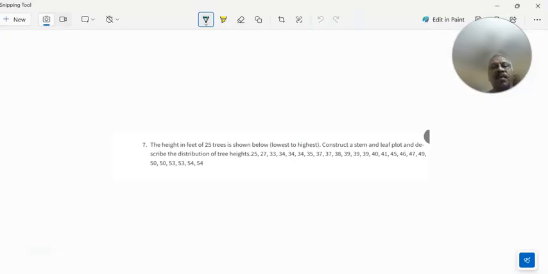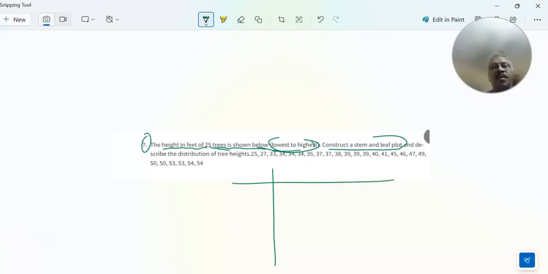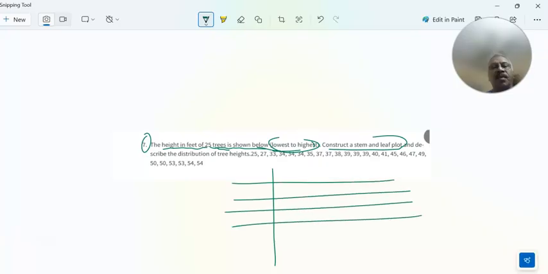Question number 7 says the height in feet of 25 trees, lowest to highest. Construct a stem leaf plot. A stem leaf plot is where you just draw a stem and these are the leaves. The minimum starts at, I think, 20 here, so we'll put 2 here.